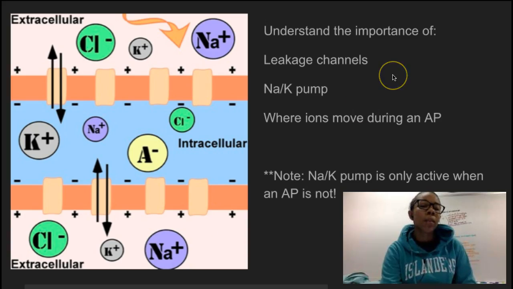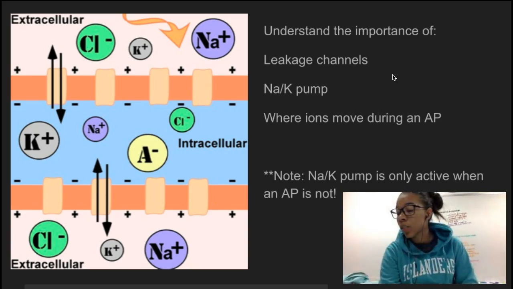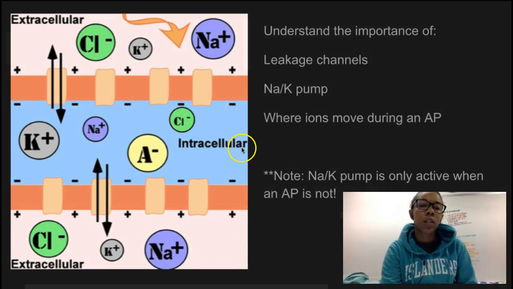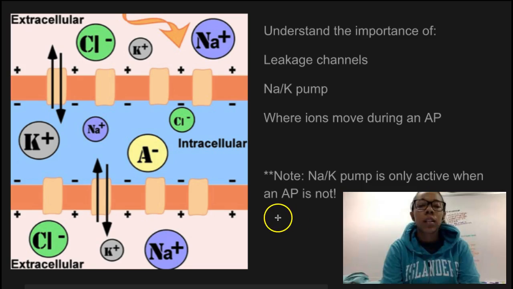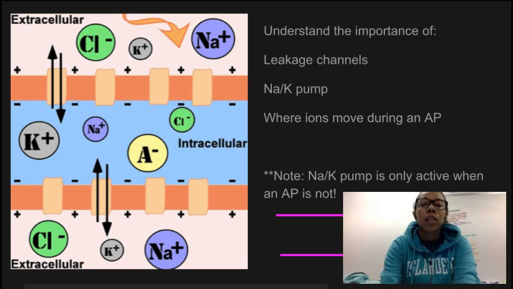For your exam, the best thing you could do, and I'll draw one too, is make your own memory aid, and then draw where your ions are primarily located.